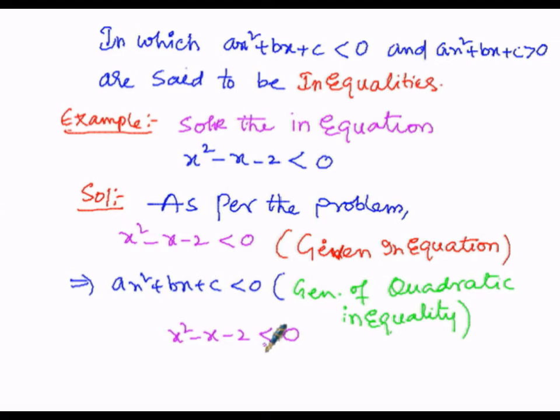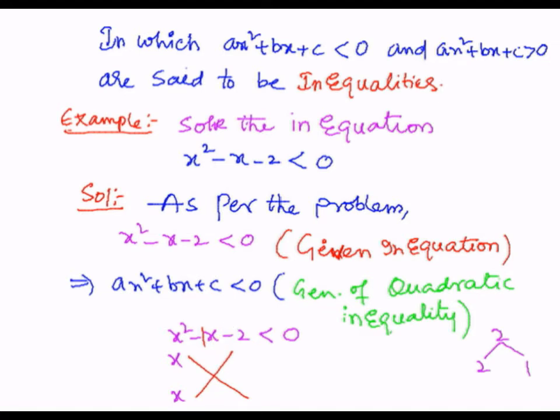Now let us go for the cross method. x square can be split as x into x, which is x square. Then this 2 can be split as 2 into 1, which is 2. We need minus x, that is, the coefficient of x is minus 1, so we need minus 1x as the middle term.